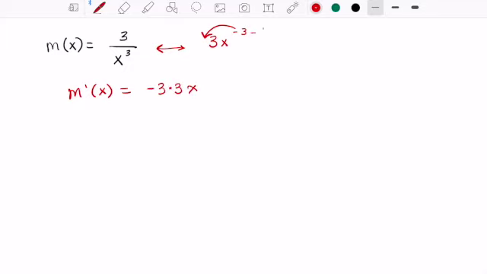We're going to decrease by 1. Simplify that out. We get negative 9 rather, x to the negative 4th. And then we can put our variable back in the denominator. So we wind up with m prime of x equals negative 9 over x to the 4th power.